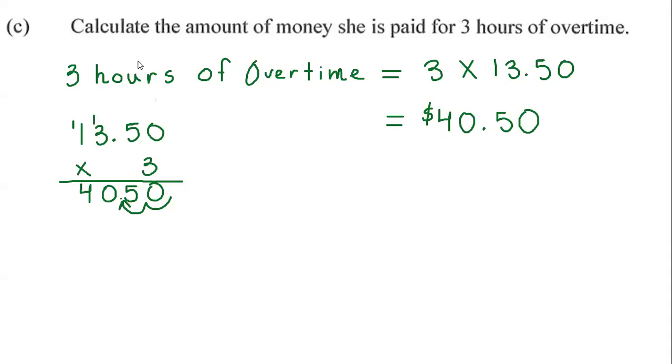And Durante Smith, do you understand this? Yes, sir. Destiny Taylor, you understand how we got this? We can't hear from Destiny. Dior, do you understand how we got this? Explain how we got $40.50.